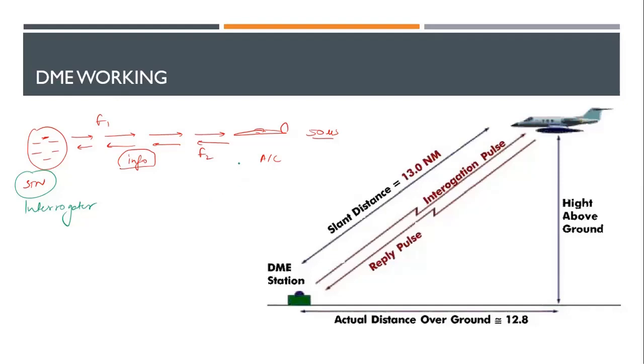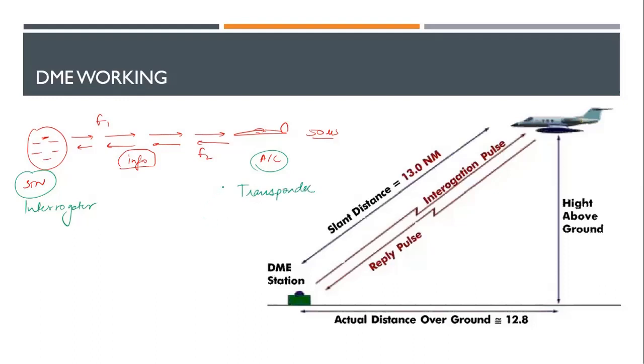Remember the example of the policeman? I explained that if the policeman is present here, he will interrogate a person, asking who is all around me. Then this person will stand up and say, I am around you. That is how they will send the signal and start communicating. So the aircraft becomes the transponder in this case.